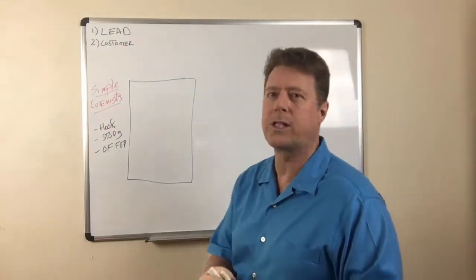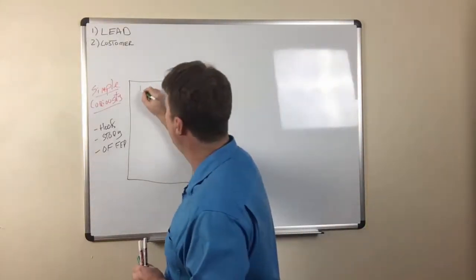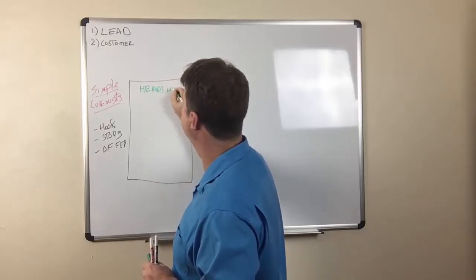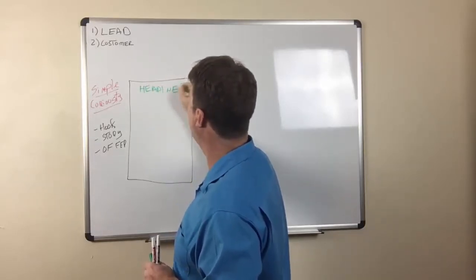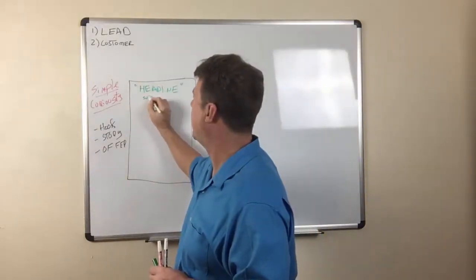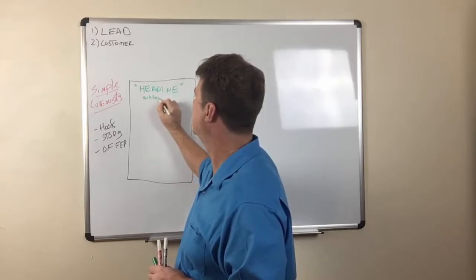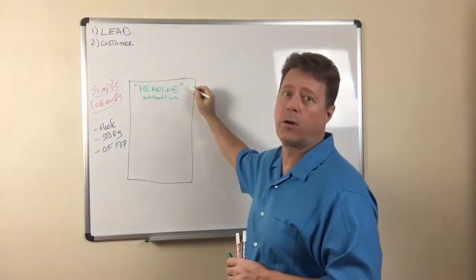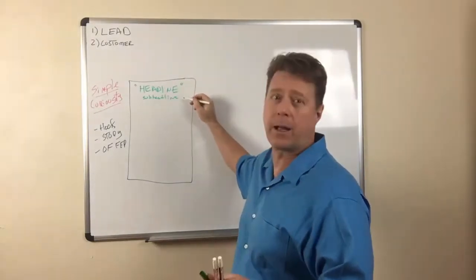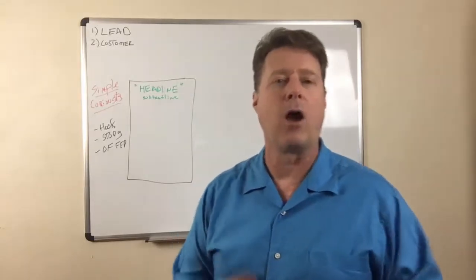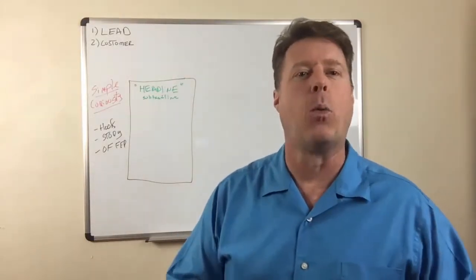A real simple way to look at this is you want to have a headline up here, and then underneath that we can put in the subheadline. The headline can be the hook or part of the story, and the subheadline could be the hook or part of the story. For ours, our hook is, how would you like to catch one more fish?